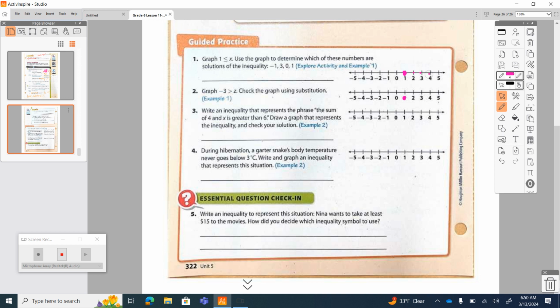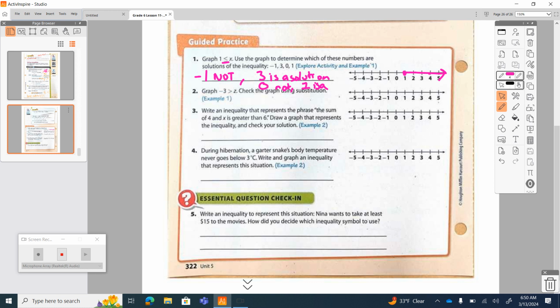So it would go that way. Okay? So -1, not a solution. 3 is a solution. It works. 0, not. And 1 is a solution because it has the equal to part. Okay?